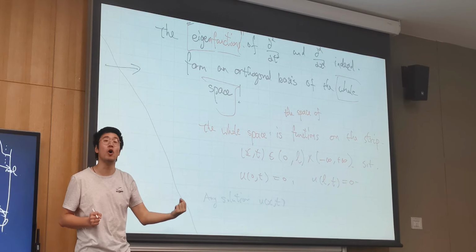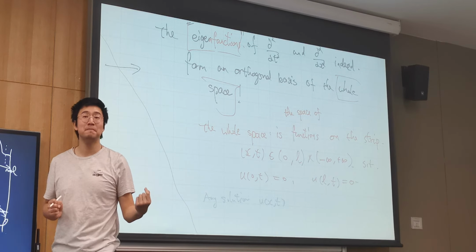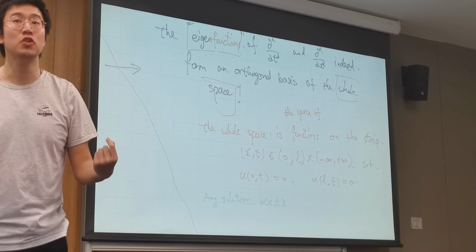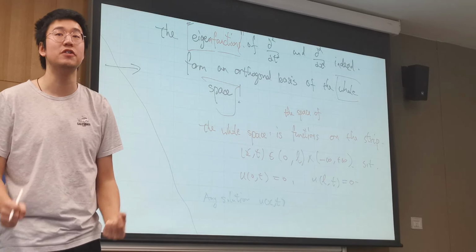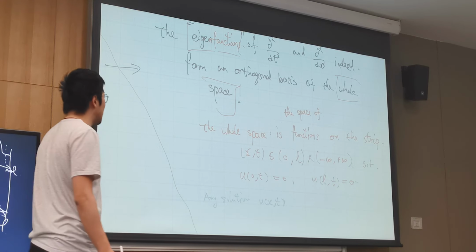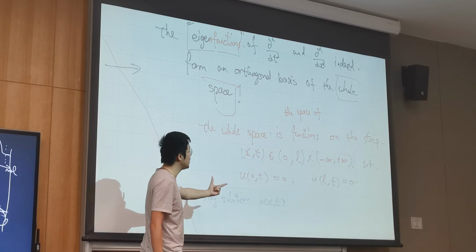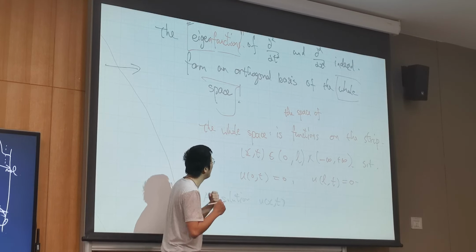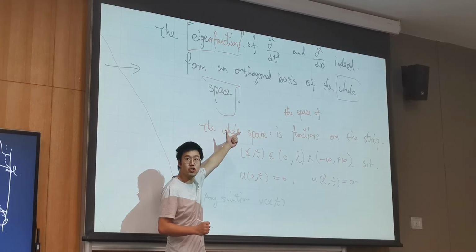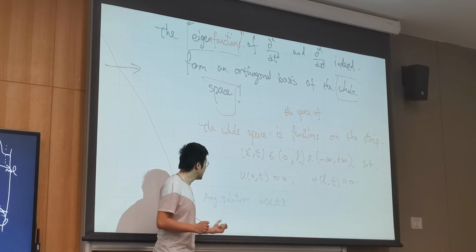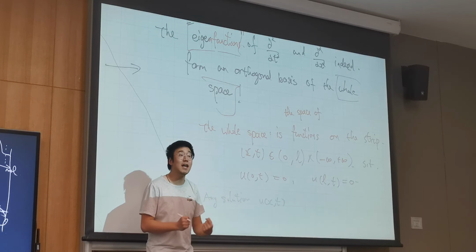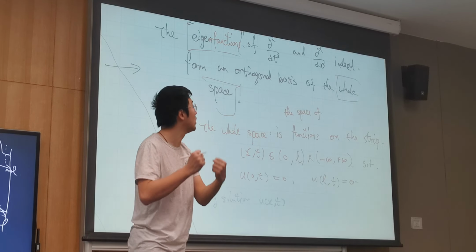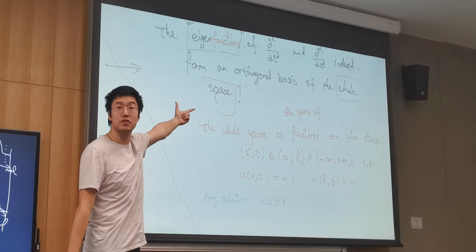An orthogonal basis has the power to represent anything in the whole linear space. That means any solution u(x,t), being one element in the space of functions, can be represented by a linear combination of these eigenfunctions.